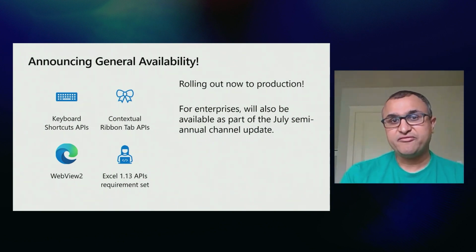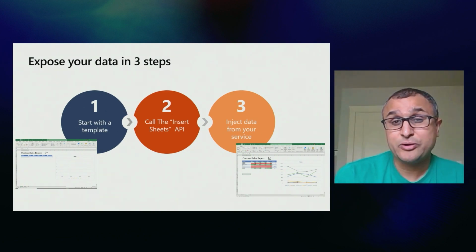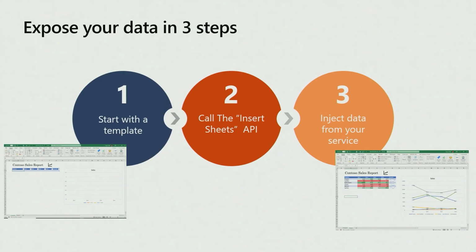And one of my favorite APIs that I wanted to highlight today is going to simplify your life and help you get your data into the hands of users quickly and easily. So starting with a template, you'll be able to call the InsertSheets API and easily inject data from your service to create dynamic reports. And with that, I'm going to hand it off to my colleague, Allison, who will demonstrate how to do this.